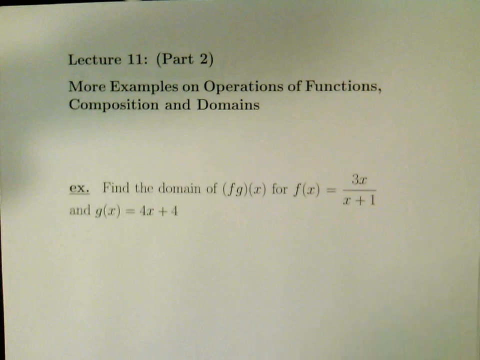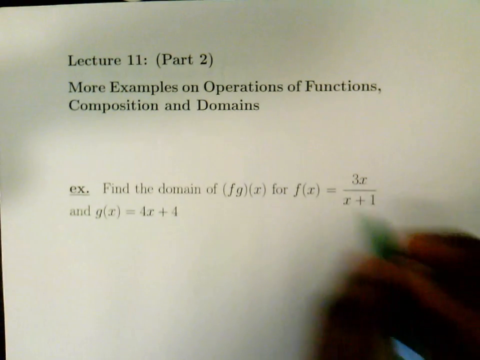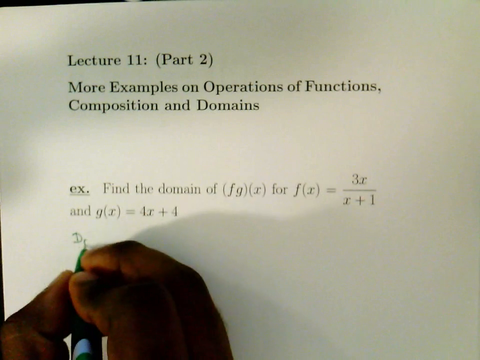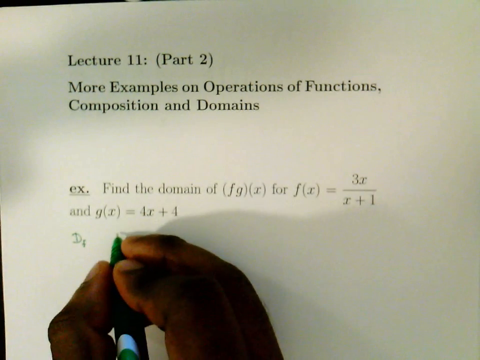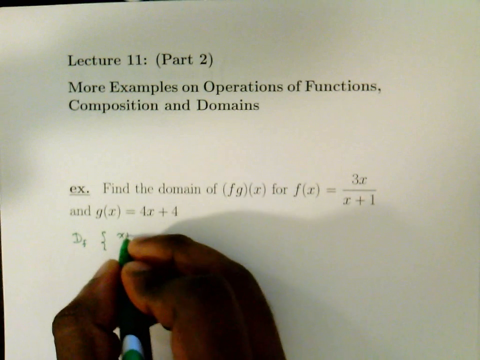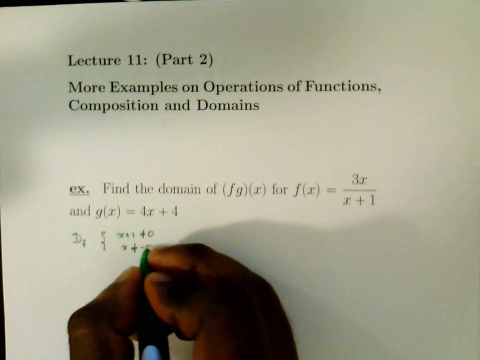So things we learn: if you add, subtract, or multiply, the domain is just the intersection. That's the easiest thing possible. We can just find the domain for these two functions. The domain of f is everything but -1, so x plus 1 not equals 0, that would be x not equals -1.